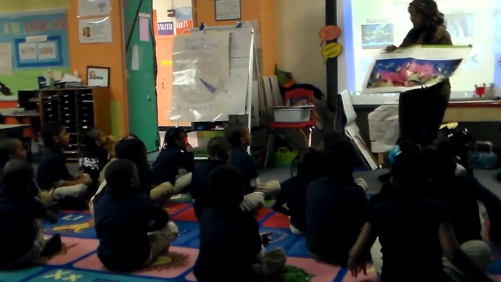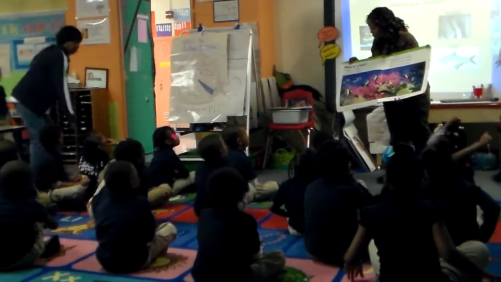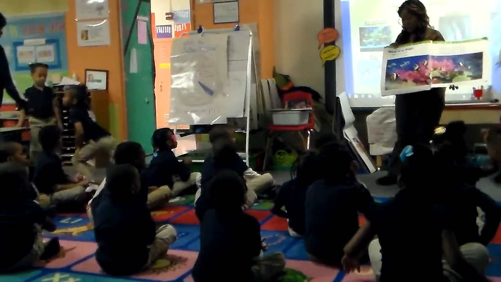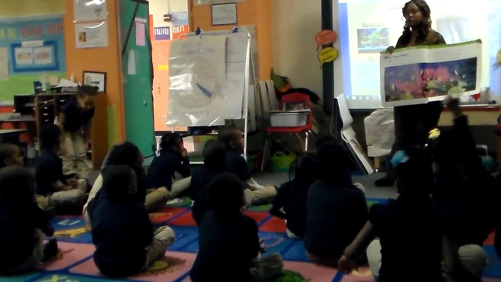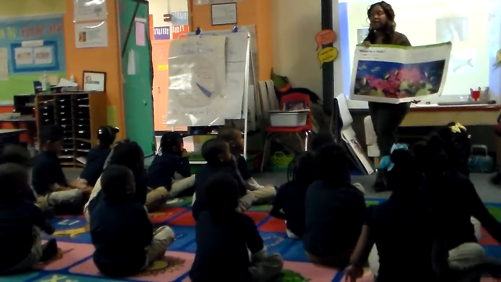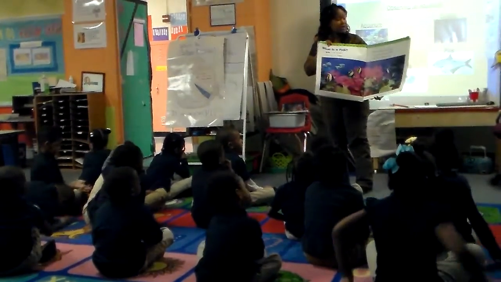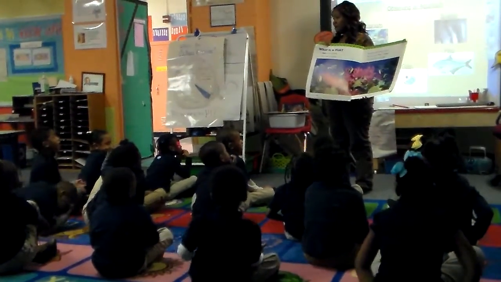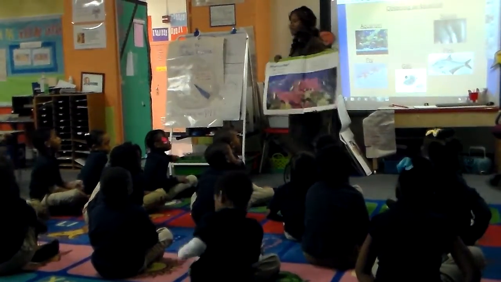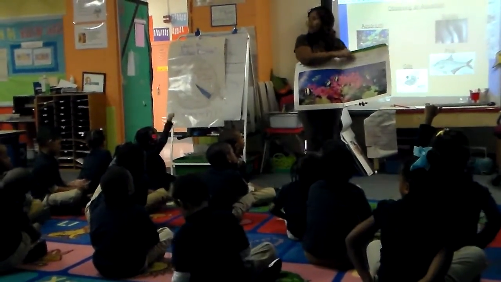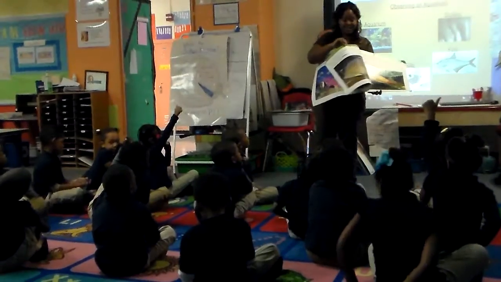What is a fish? A fish is an animal. A fish lives in water. Fish can be many colors. Fish can be many shapes. Fish can be many sizes. So many colors, many shapes, and many sizes.